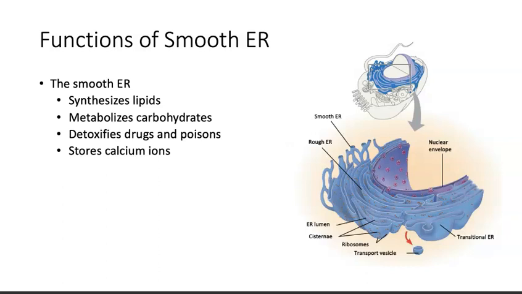That means that it breaks down carbohydrates and it makes carbohydrates. The third thing it does is detoxify drugs and poisons. So if you get some mild poisoning, that's when your smooth ER comes in and makes those poisons not poisonous. Finally, it stores calcium ions, and that would be very important in lots of functions in your body, including your muscles working and building of bones.